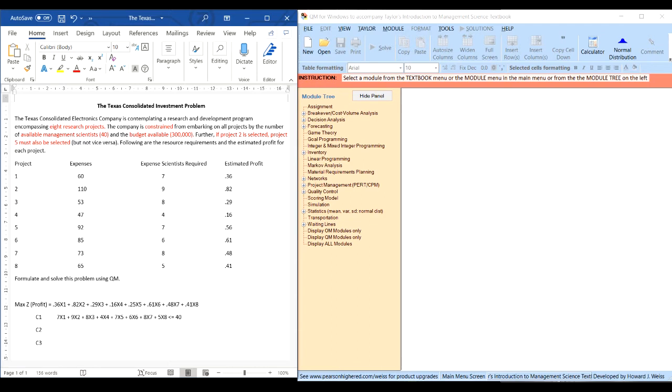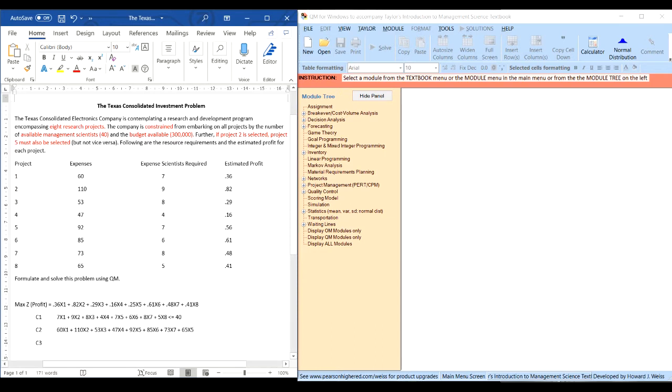So we come over here and we see 60x1 plus 110x2 plus 53x3 plus 47x4 plus 92x5 plus 85x6 plus 73x7 plus 65x8. So we've entered our second constraint.